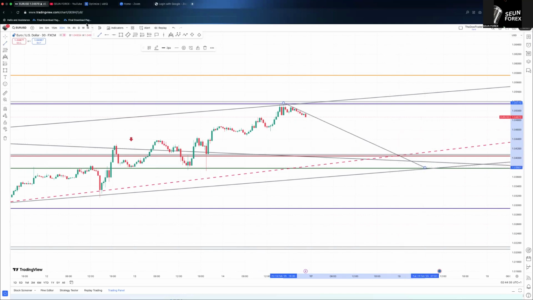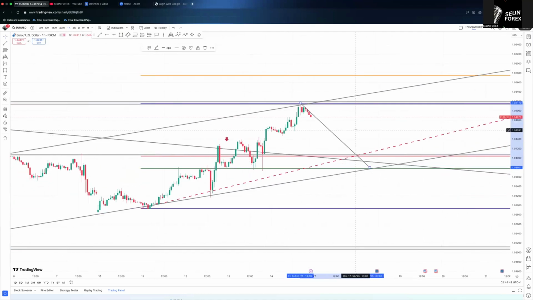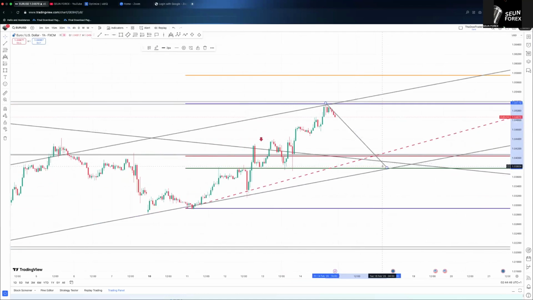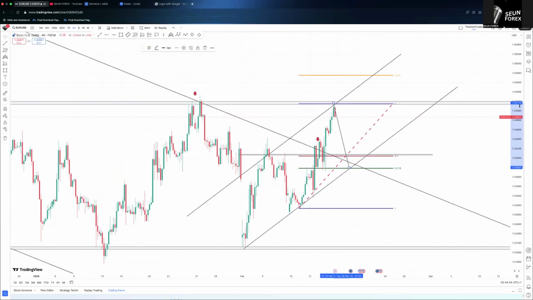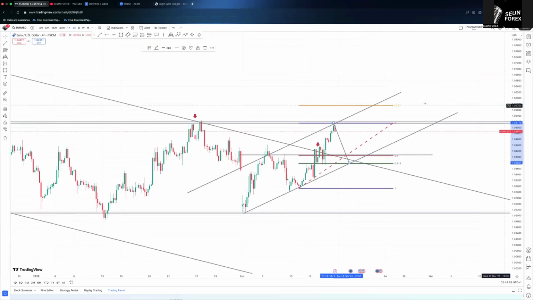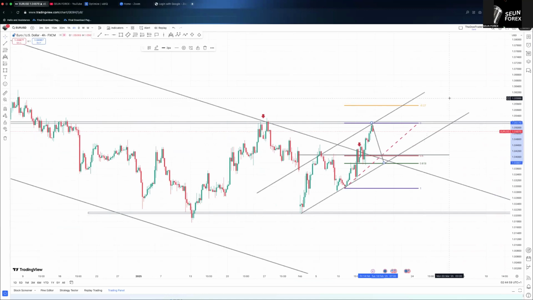So I'm expecting this trend line to hold so that the lower high can continue. And once the market reaches this 50% key level anywhere around here and there's a form of rejection, then that would be a perfect entry for us to enter one more time. That is all about Euro USD.